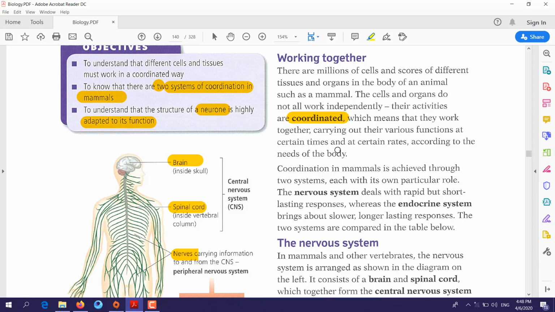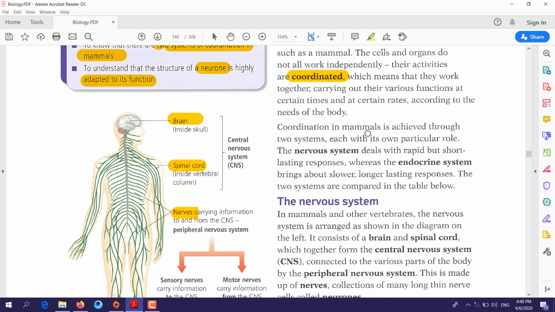Okay. Now, coordination in mammals is achieved through two systems. What are these two systems? Each with its own particular role. Firstly, the nervous system deals with rapid but short-lasting responses.